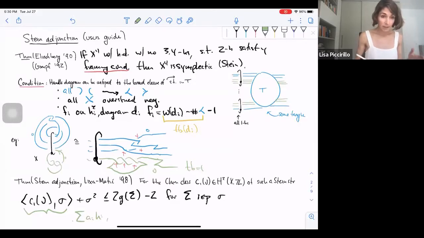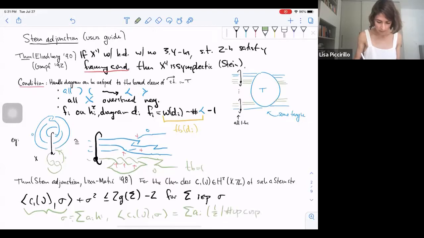And for that linear combination, this quantity is going to be the sum with the same coefficients of 1/2 the difference between the number of up cusps and the number of down cusps.